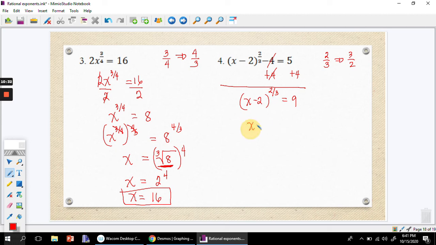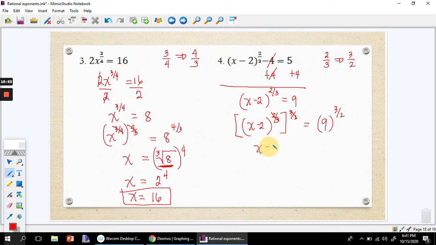So that will become x minus 2 raised to 2/3, and then you raise that to 3/2, and you have to do that also on the right side. So 3/2. This becomes 1, right? Because 2 times 3 is 6, 3 times 2 is 6, 6 divided by 6 is 1.